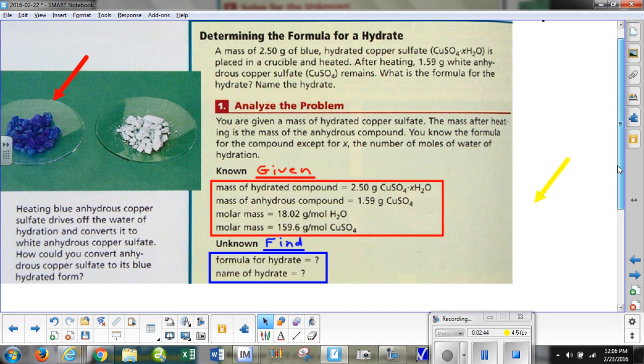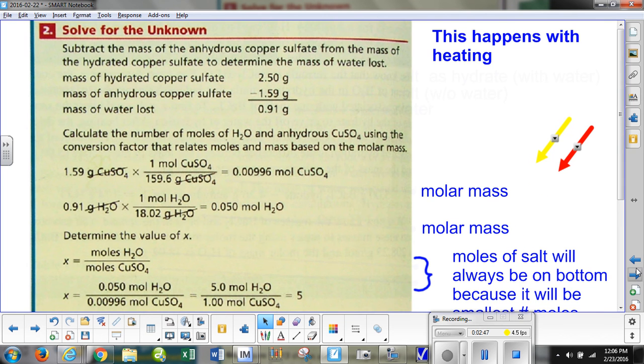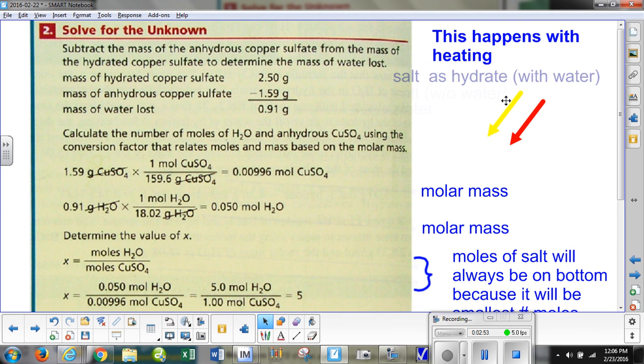So the first step that we do is on the next page, and here we're going to take this arrow and bring it on over here, and you can see the mass of the hydrate is going to be the copper sulfate with the water.